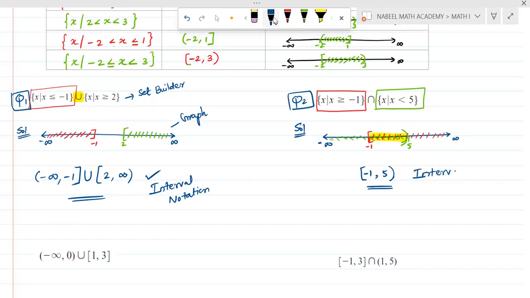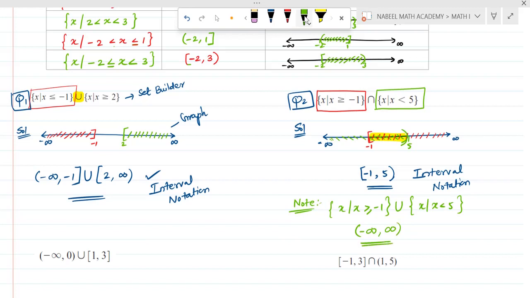Suppose the question is asking union, then the answer will be the whole real line. If the same question is given as x such that x is more than or equal to minus 1, union x less than 5, if it is union, the answer will be minus infinity to plus infinity.